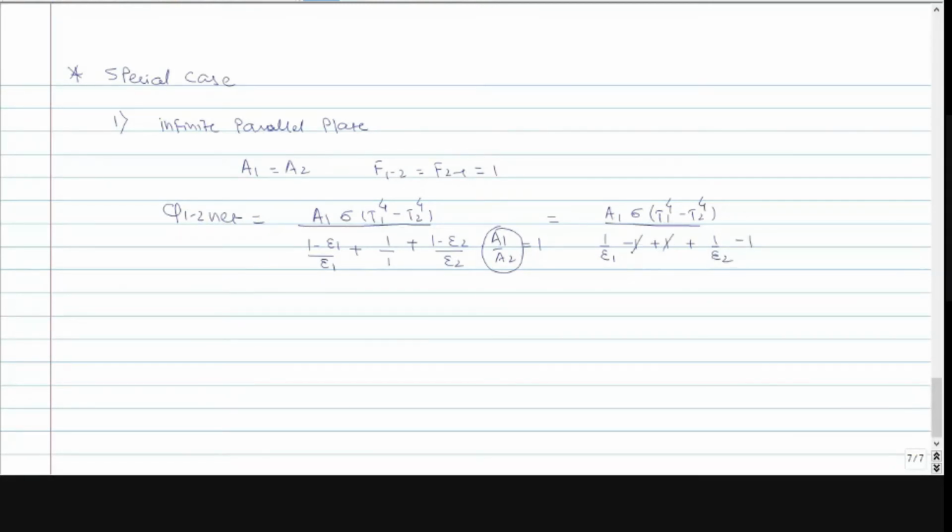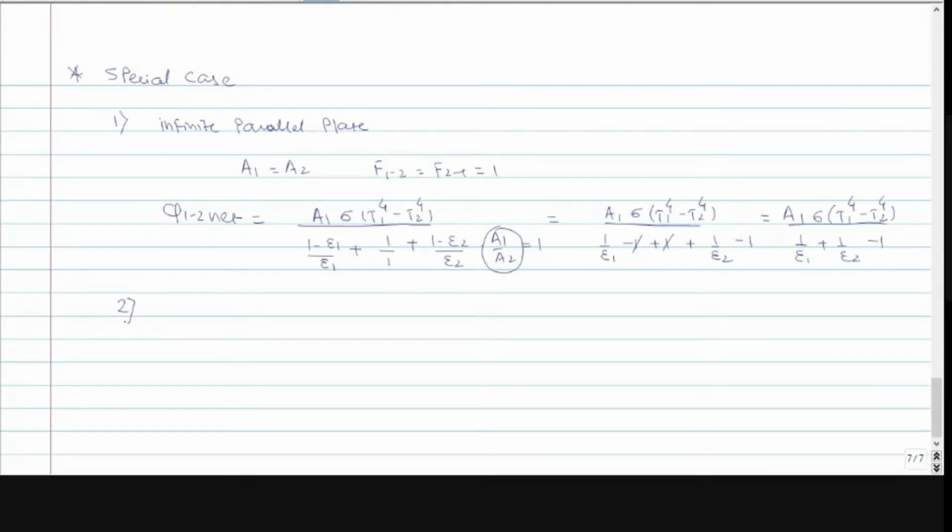So this 2 is cancelled out, and finally our expression becomes A1 sigma (T1 to the power 4 minus T2 to the power 4) divided by 1 upon E1 plus 1 upon E2 minus 1. If you remember, this is the same expression that we derived.